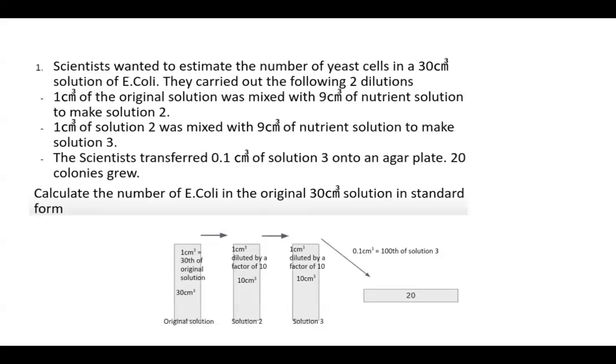And it's then being diluted by a factor of 10. Then we've got another 1 centimeter cube being taken out, and that's being diluted again by a factor of 10. And then we've got 1/100th of the solution of solution 3 being taken out, going onto the agar plate. Does that make sense?